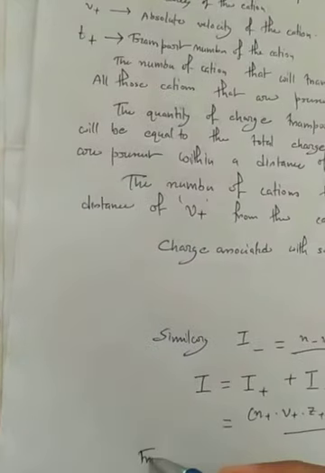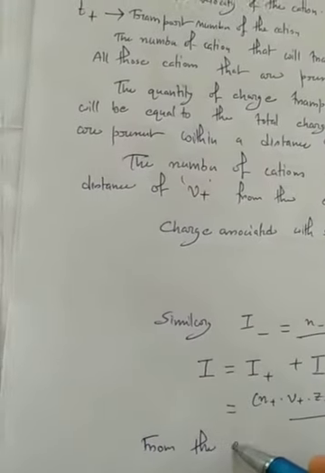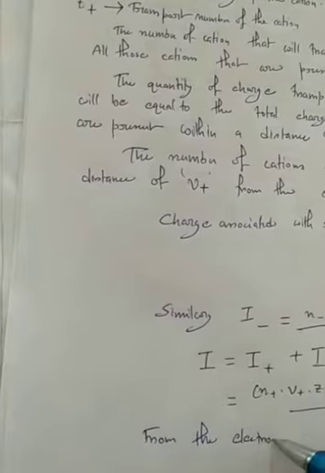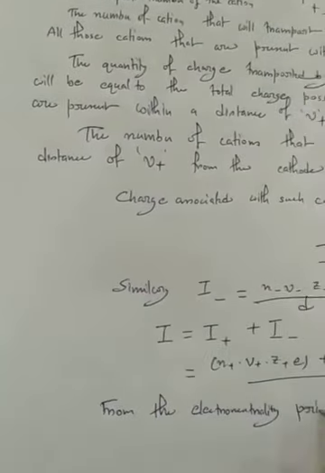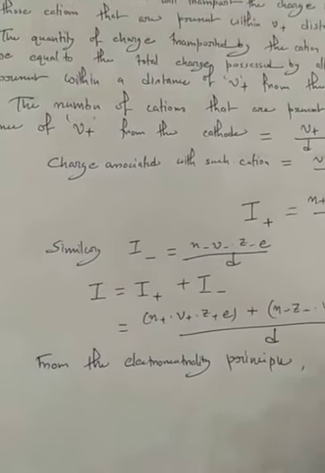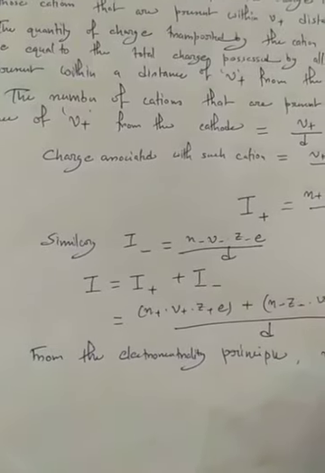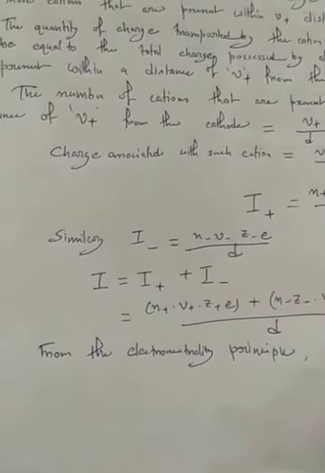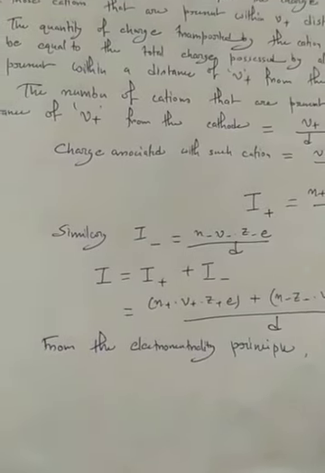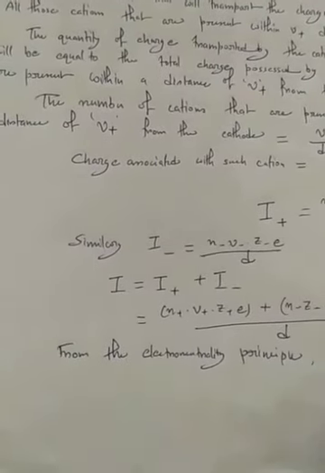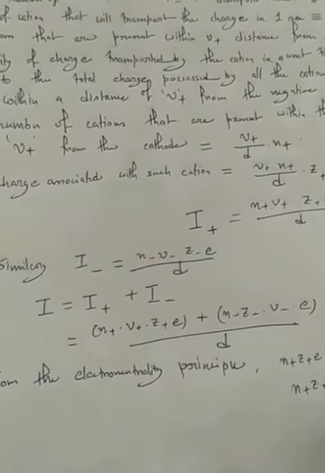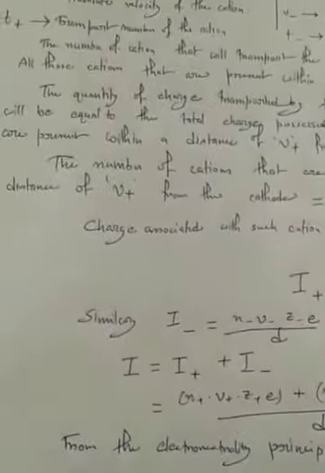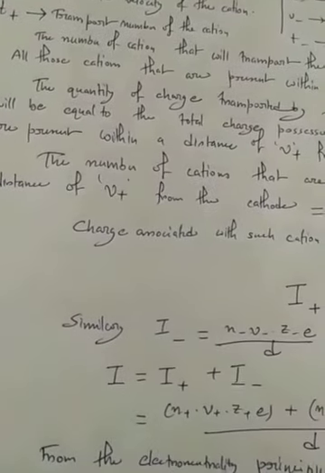So from the electroneutrality principle, we can write n plus z plus e should be equal to n minus z minus e. That is, n plus z plus should be equal to n minus z minus. Putting this value here, we can rearrange it a little bit.